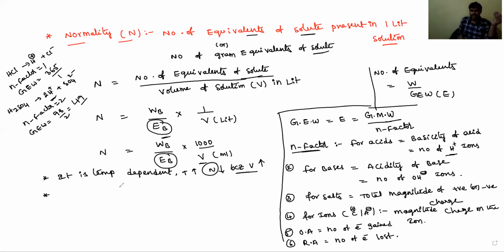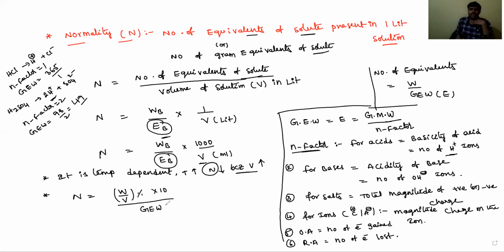And now other formulas related to normality. Let's see, dear students. Normality is equal to weight by volume percentage, W by V, into 10, divided by the gram equivalent weight of solute.